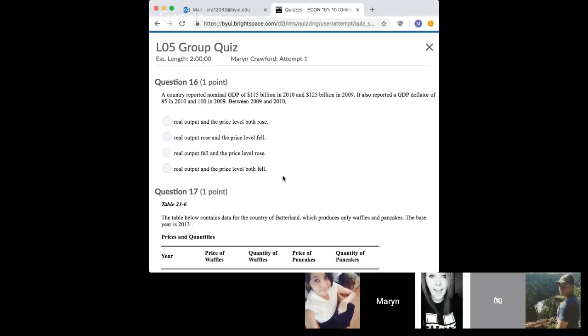16, I wrote D. Because both the numbers went down in both. That's what I had. In 2009, the numbers were lower. Oh, wait, no. In 2009, the numbers were higher than 2010.